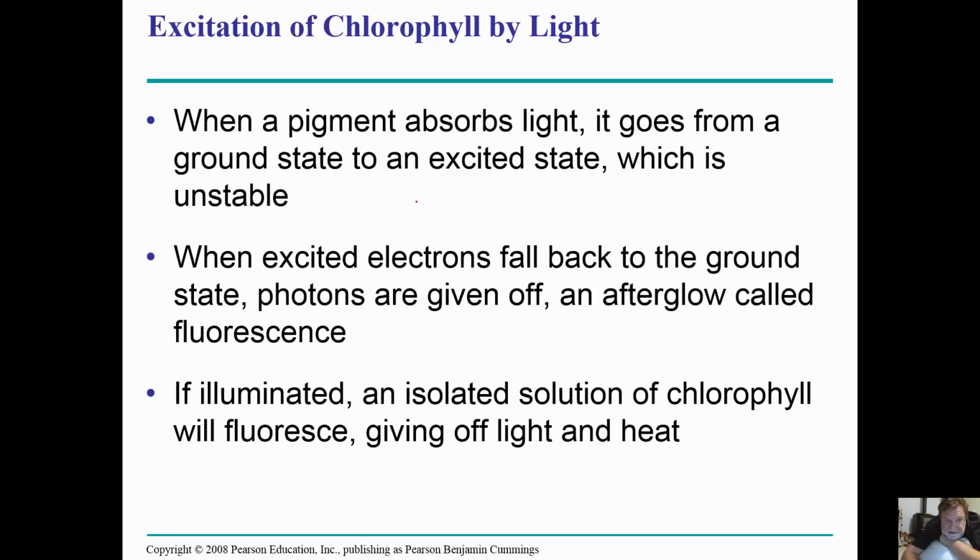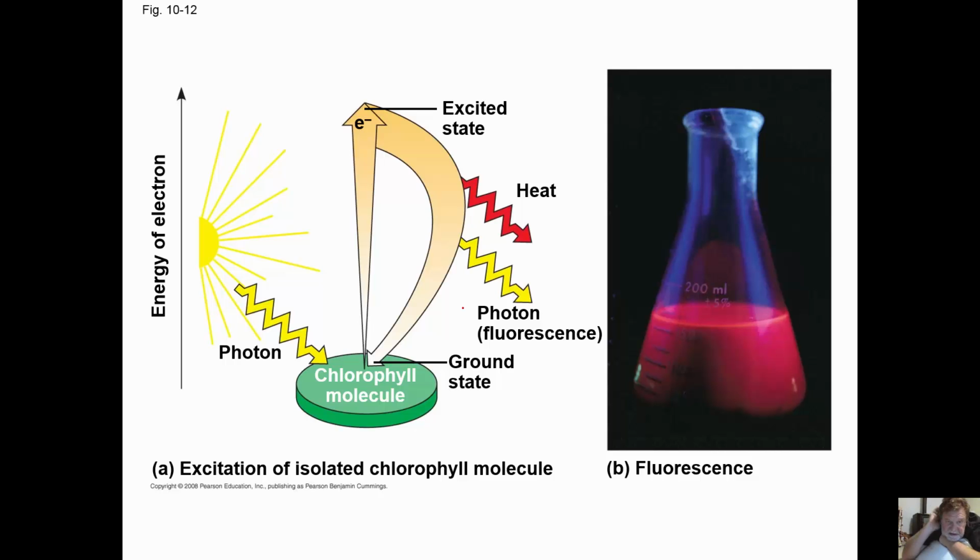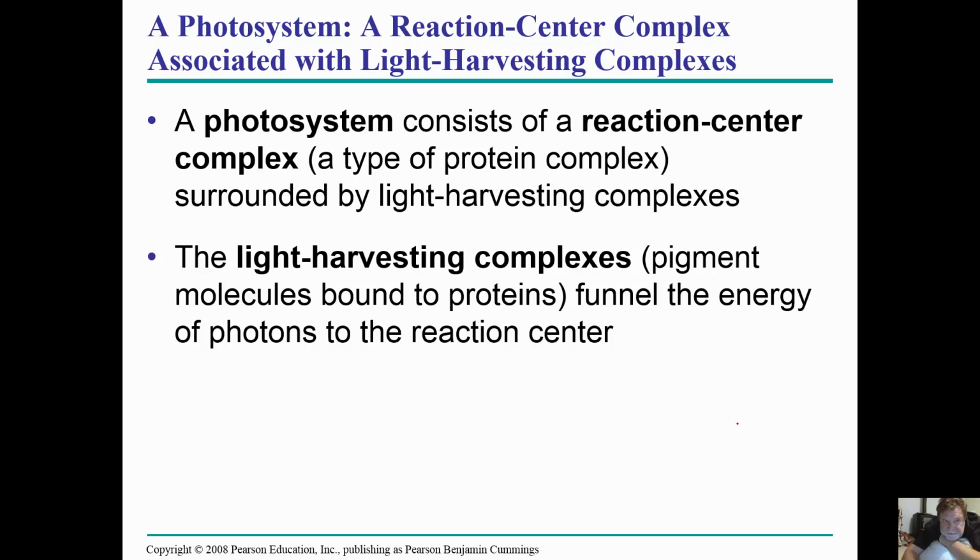And what we see is the excitation of chlorophyll. When a pigment absorbs light, it goes from a ground state to an excited state, which is unstable. When excited electrons fall back to the ground state, photons are given off in an afterglow called fluorescence. And so, again, if we were to separate chlorophyll and charge it up, you would see this fluorescence.